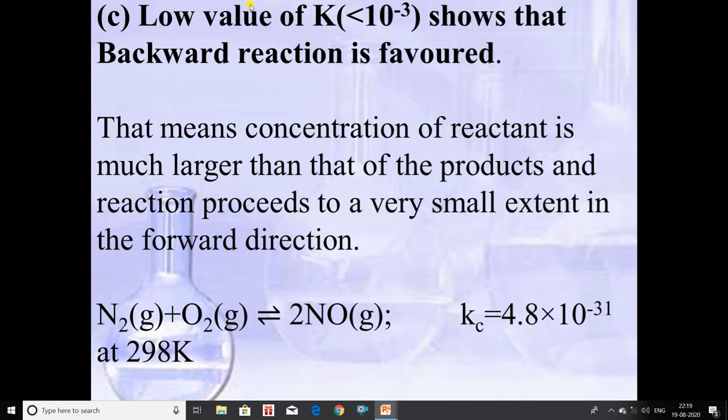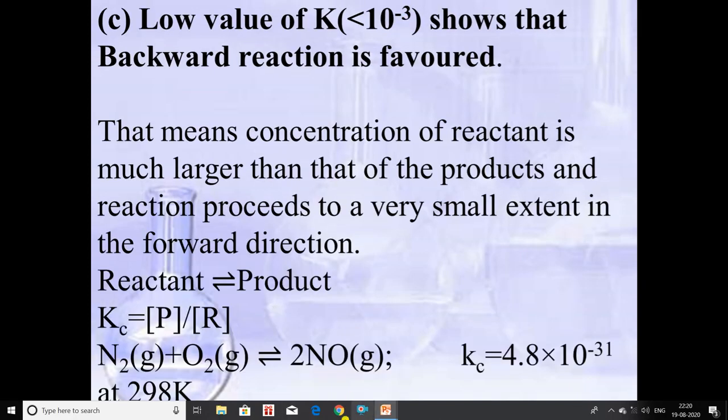Now, in part C of the first application, if the value of K is less than 10 to the power minus 3, that means 1 by 1000, that means the backward reaction is favored. Because the formula of Kc is concentration of product divided by concentration of reactant, and the value of Kc will be less than 10 to the power minus 3 if the denominator has a large value.